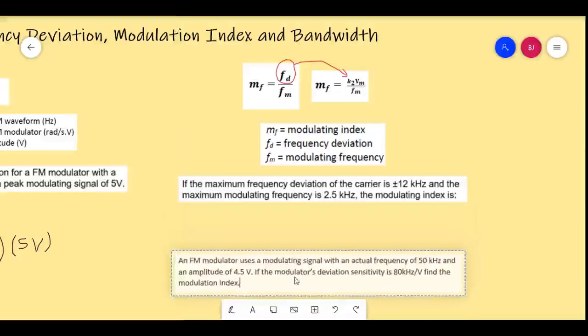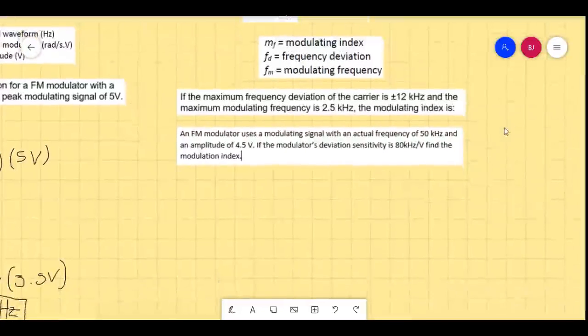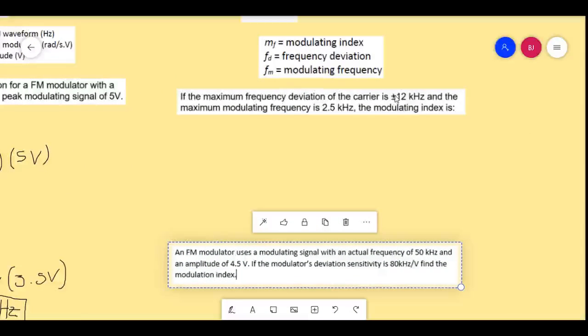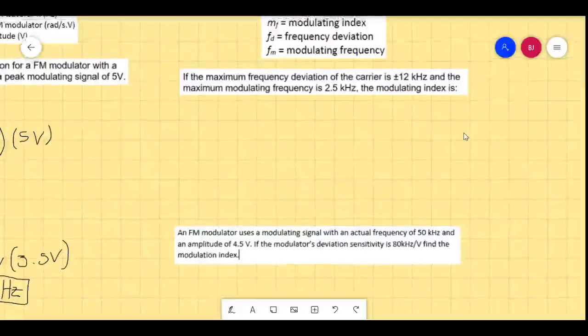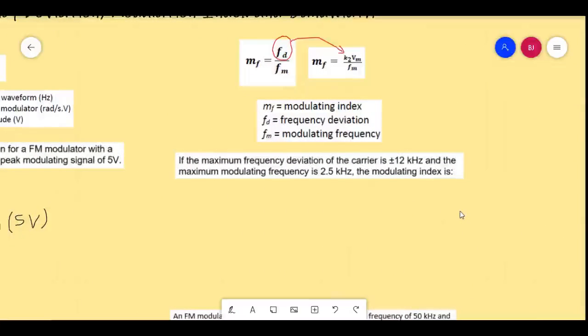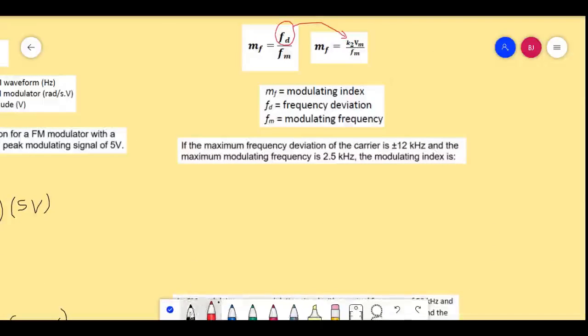So let's try answering the first problem first. In this scenario, the frequency deviation is given together with the modulating frequency. So it's just as simple as having our m sub f, with our f sub d and our f sub m. f sub d is our frequency deviation.